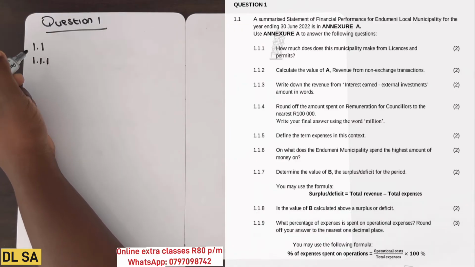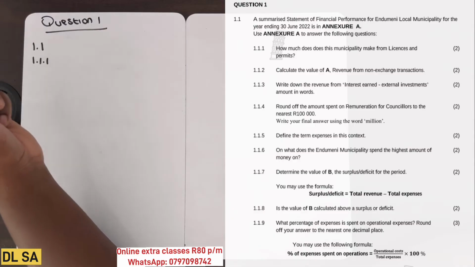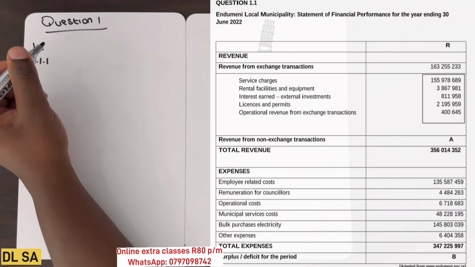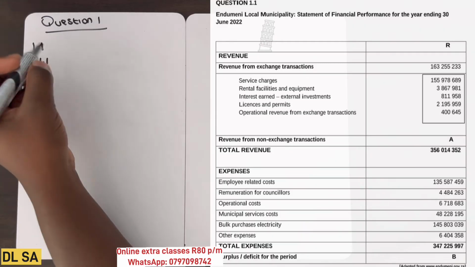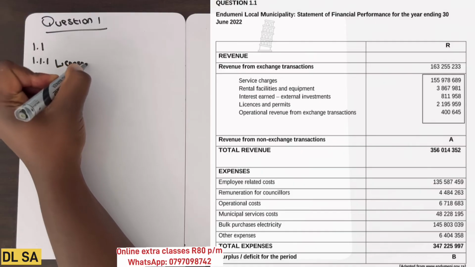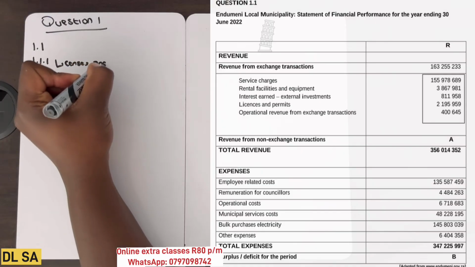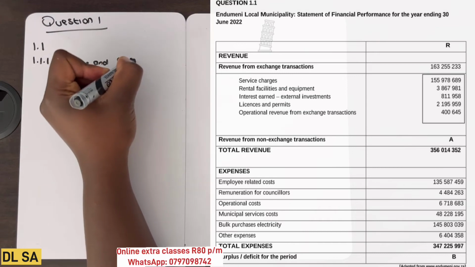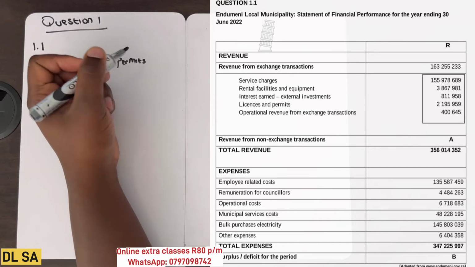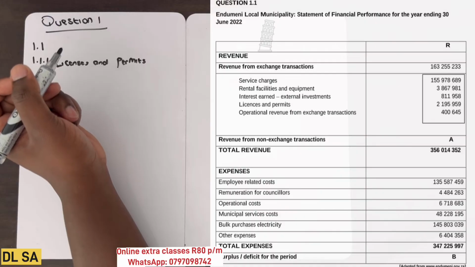1.1.1. Question 1.1.1 reads as follows: how much does this municipality make from licenses and permits? If we check our statement of financial performance, we will notice that licenses and permits are part of our revenue from exchange transactions.